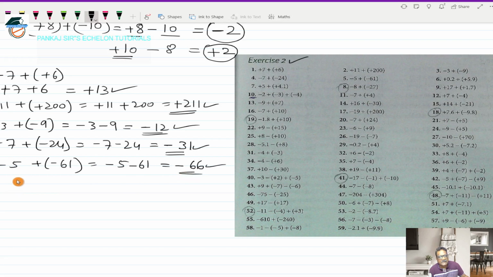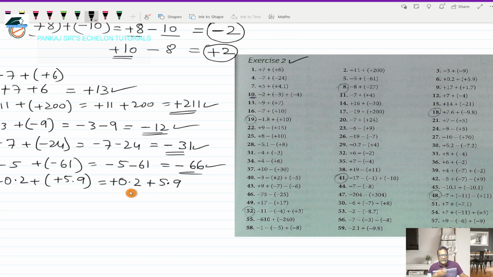Sixth one, it's plus 0.2. Okay, and then again a plus, and then again a plus 5.9. Okay, so first I'll get rid of the bracket. So 0.2 can be written as 0.2 only. Plus into plus is plus, and this is 5.9. Now here also, if you want, you can put this sign plus.